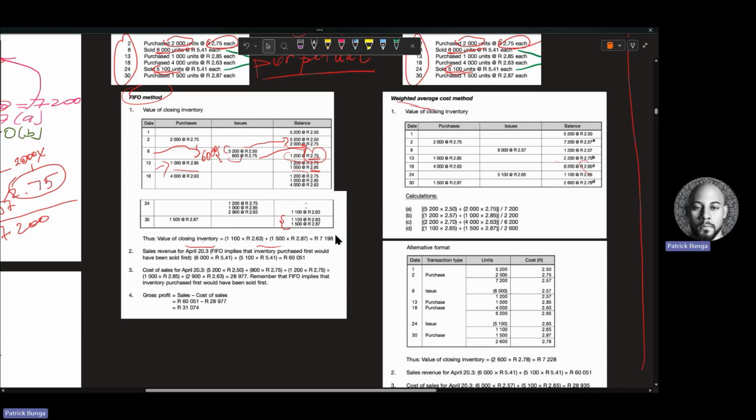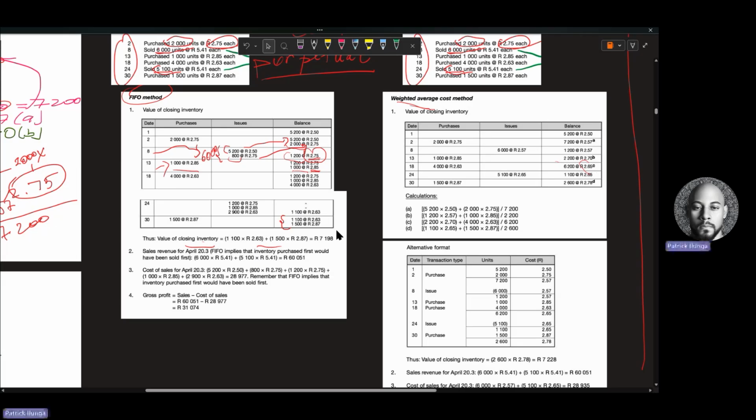This is your closing balance. If you are using FIFO within the perpetual inventory system, you are tracking every transaction. You know at all times the value of your inventory, because that is the perpetual system.